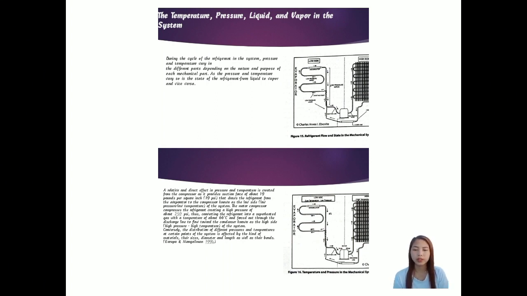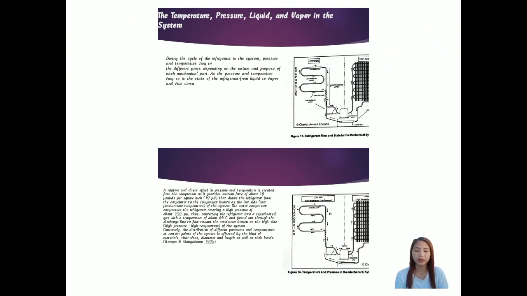On the low side, on the left is the evaporator, and in the middle the accumulator, low pressure vapor, and low pressure liquid. On the right side, the high side, is the condenser, with high pressure vapor and high pressure liquid. And figure 16 is the same as figure 15.